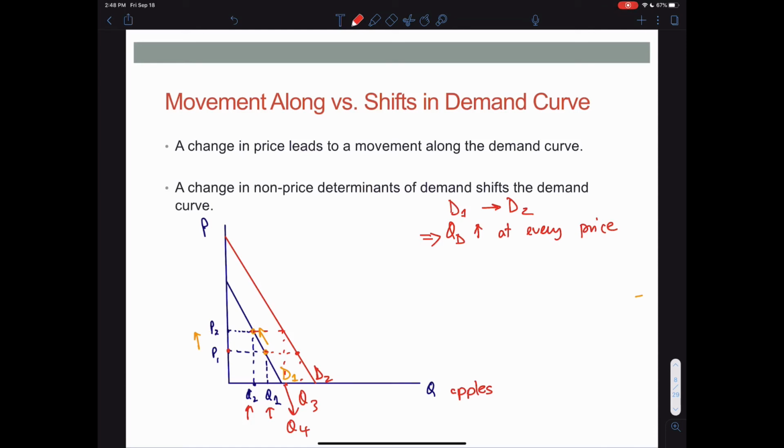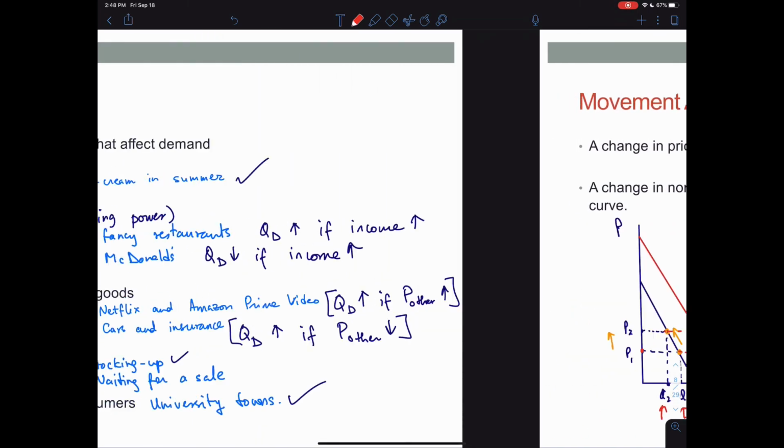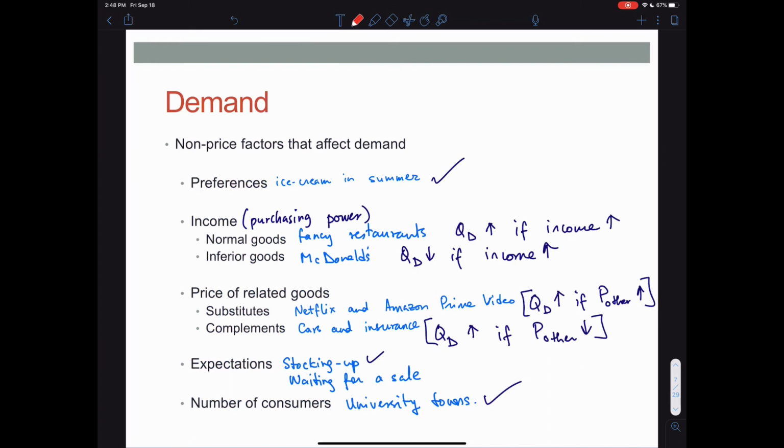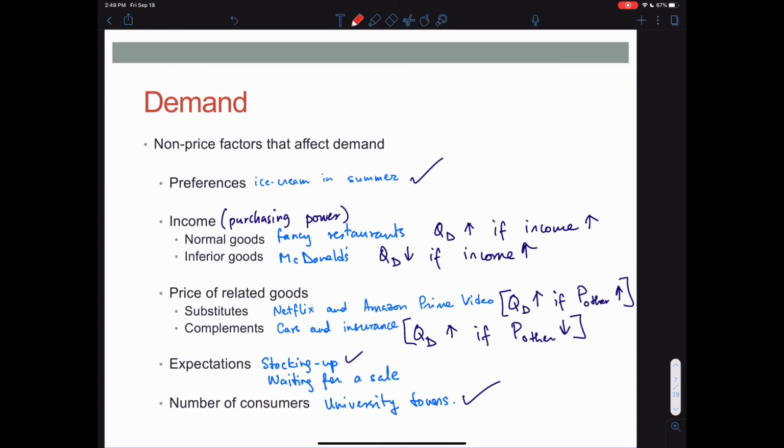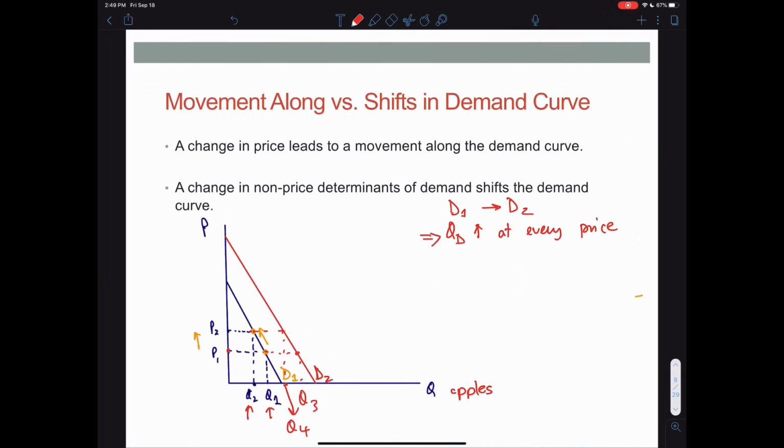So anything that causes quantity demanded to fall, you can go through the list here. Anything here that's not price, that affects quantity demanded negatively, is going to shift the demand curve to the left. So you can draw a shift to the left on your own.